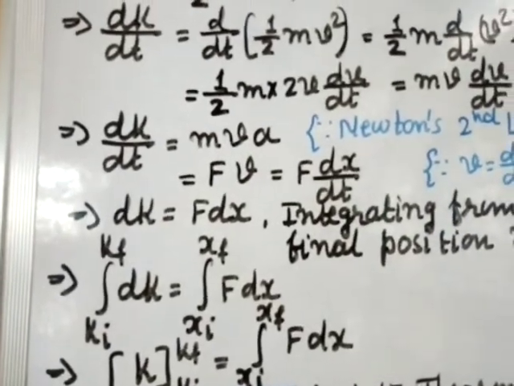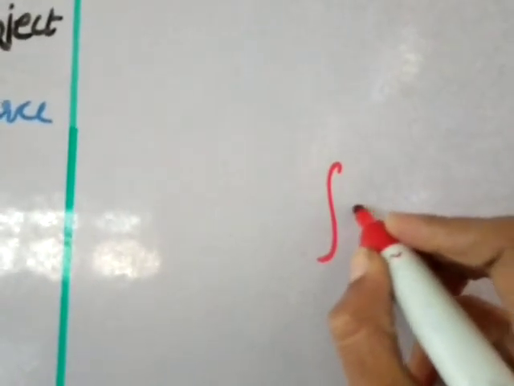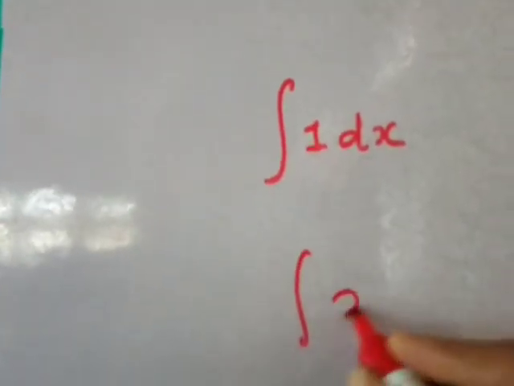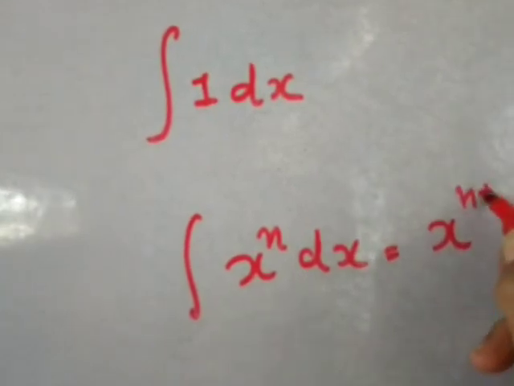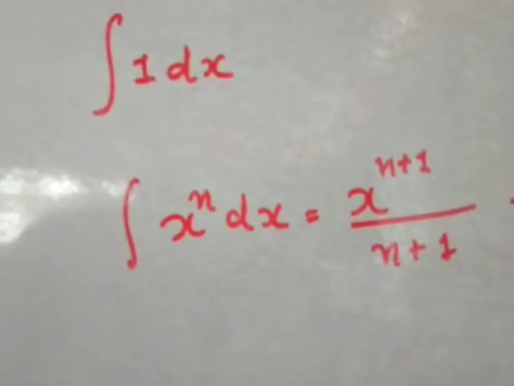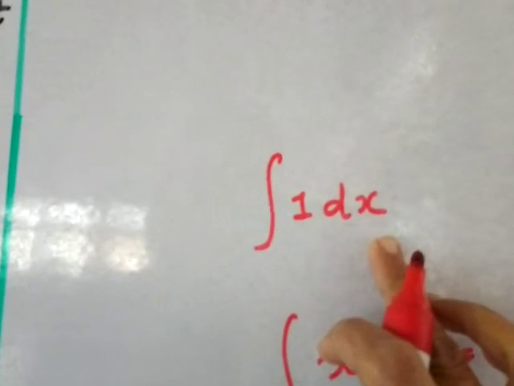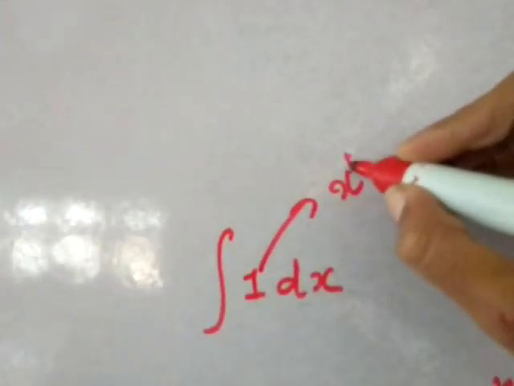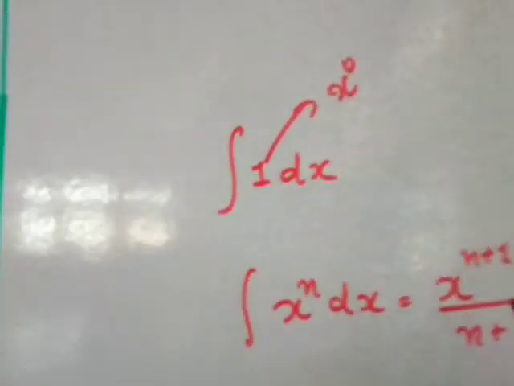This is a definite integral, so there will be no constant. Here when I want to integrate 1, I consider this 1 as x power 0, because x power 0 also is 1. So I have to do it with respect to x, and I will use the same formula, x power n plus 1.